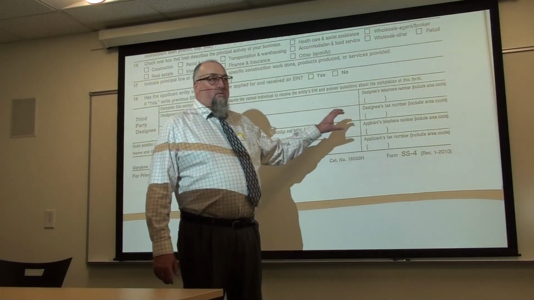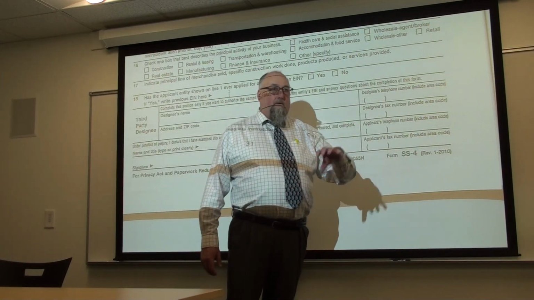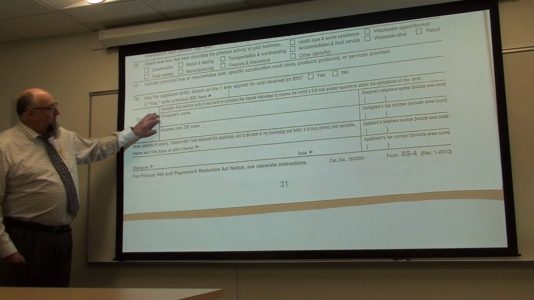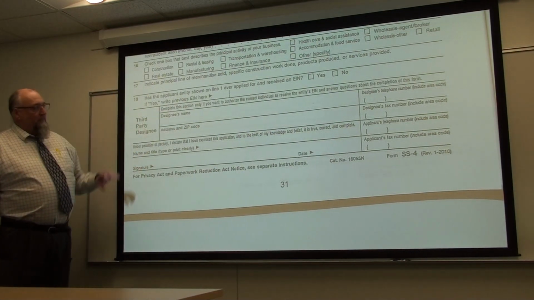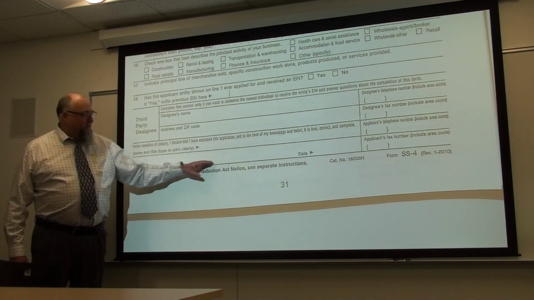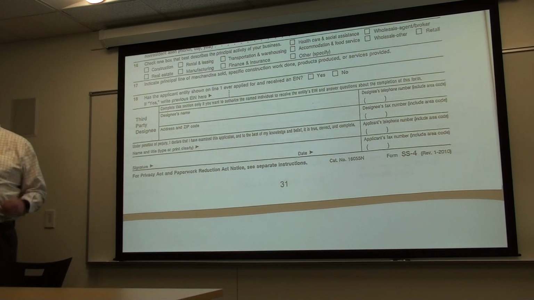Otherwise, the IRS won't talk to you, nor will you be able to file on behalf of your client. So in the real world, if you're doing this for other people, that's where you list your name, and then the person who's starting the business will sign down here. Now, let me show you how it looks online.